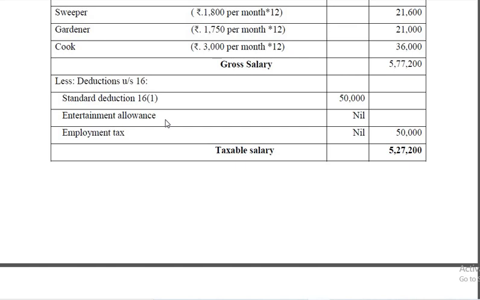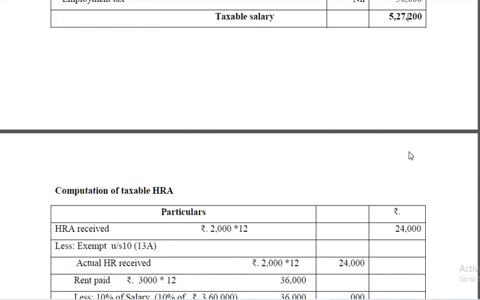But here, the employee is not a government employee, therefore deduction is not available. Professional tax information is not available, therefore only 50,000 is deductible from 5,77,200. So this is the taxable salary.